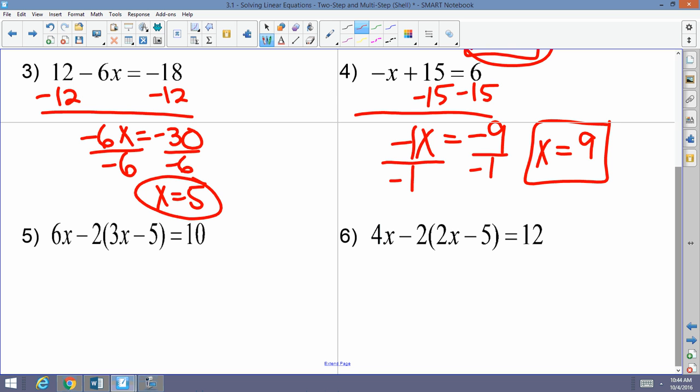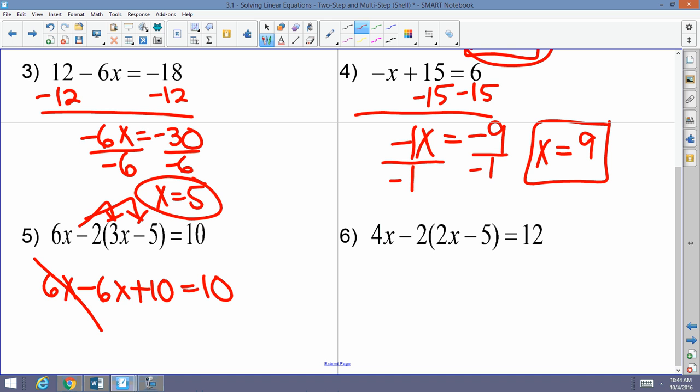Yes, sir. Okay, tell me, what do I got? Yep. That's right. Plus 10 equals 10. Okay. Look at what Mr. Morrow did here. 6x minus 6x, bye-bye. 10 equals 10. Very good, my man. This would be all real solutions.